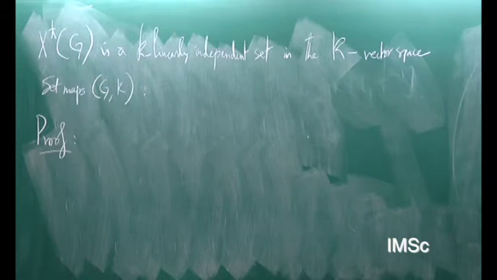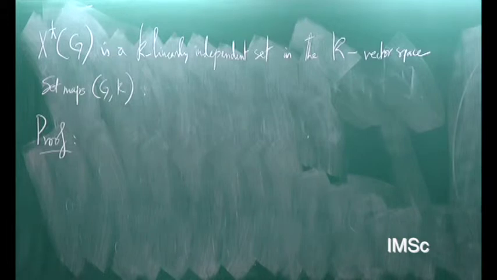So I have to show that a certain set, possibly infinite, is linearly independent. Linear independence just refers to showing that there is no non-trivial finite linear combination. That's what you have to show. Okay, so let us do it.